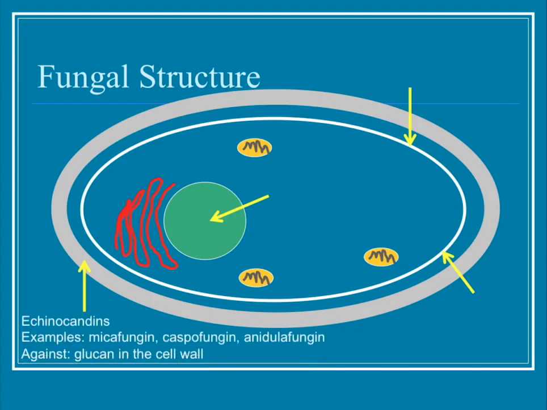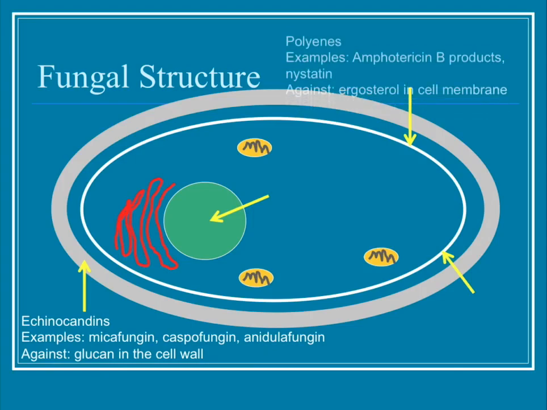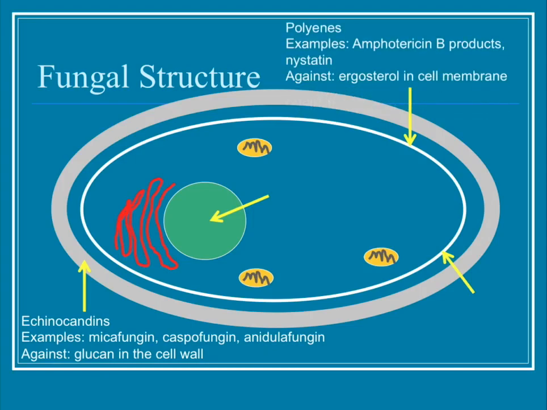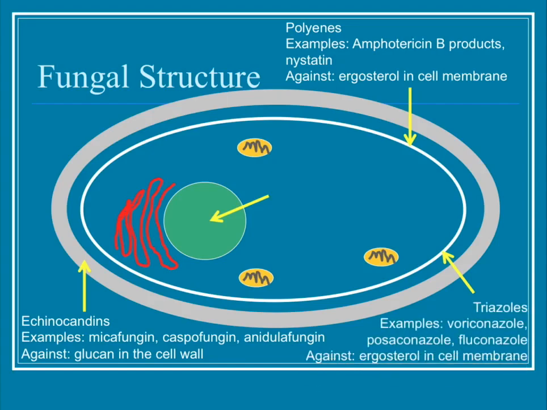So echinocandins like micafungin, caspofungin, and anidulafungin are against the glucan in the cell wall of the fungus. Then on the top you have polyenes, amphotericin B products, against ergosterol in the cell membrane. Then you have triazoles, the main triazoles being Vori and Posa. You also have fluconazole, which is against ergosterol in the cell membrane as well.